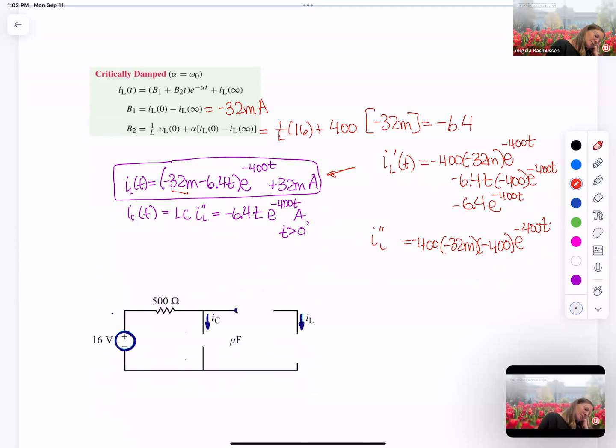Oh, this gets long. First, second, and then I leave the first.